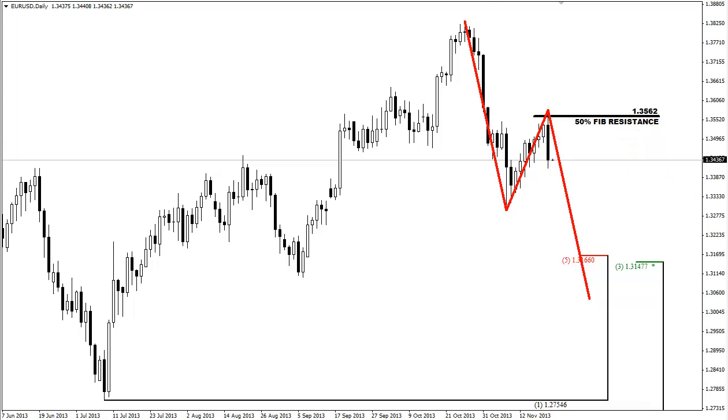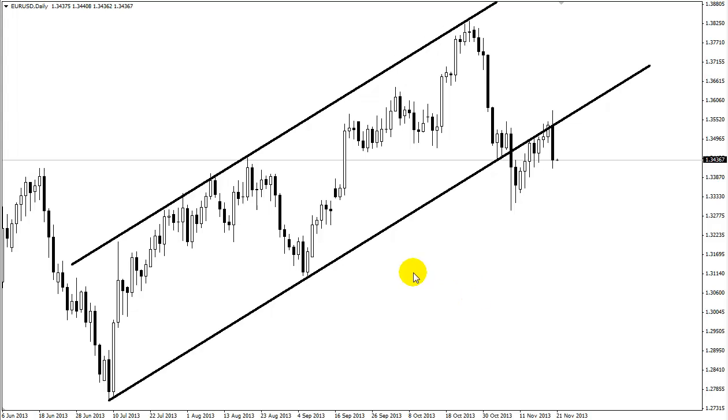In this other overview of the daily time frame, we can see that the market was trading inside this nicely looking upward channel here, and by this move down the market has broken below the lower border of this channel, made the slow retracement, retested this lower border, and now is continuing the downward move.